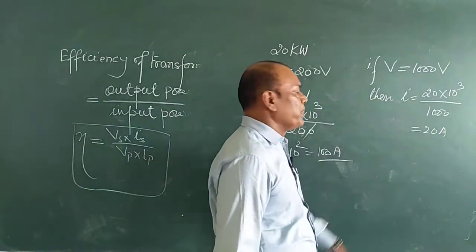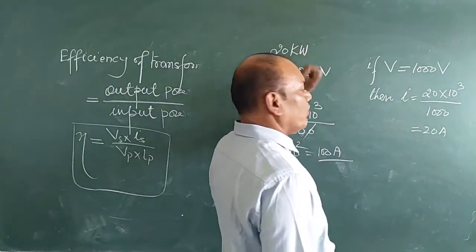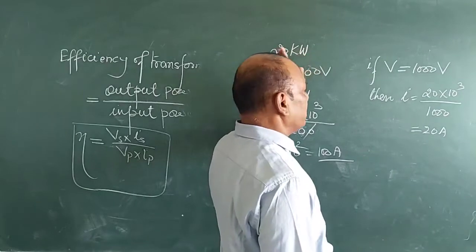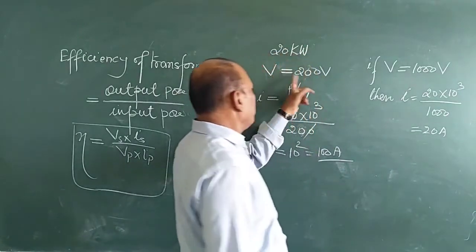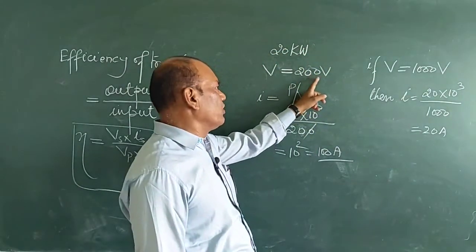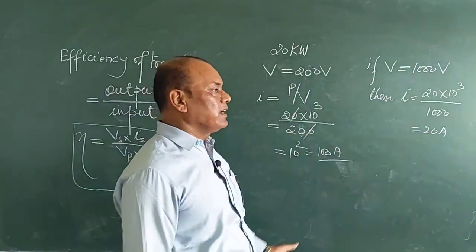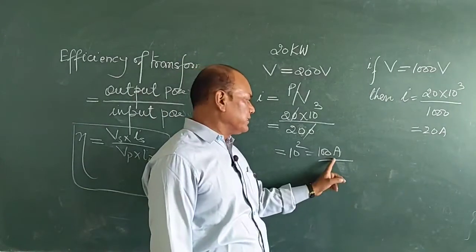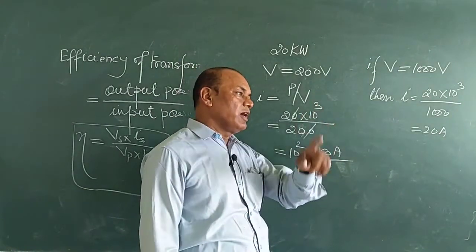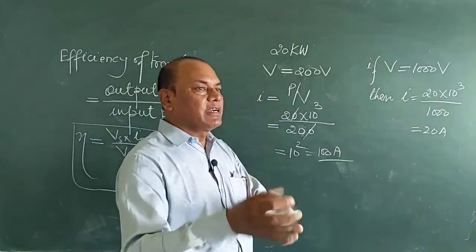Now here, if 20 kilowatt electricity is generated at the power station, when voltage is very low, considering 200 volt, then current becomes very high, and it is not convenient to send this amount of current from one point to another through thin conducting wires.